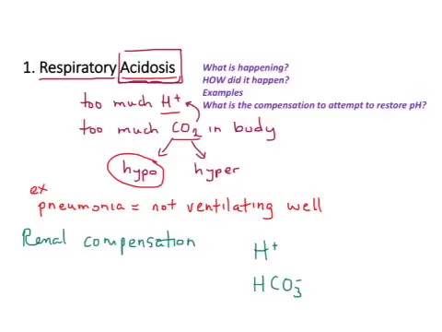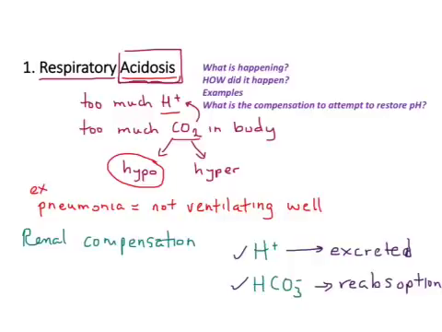We have too much free hydrogen as a result of a respiratory disturbance, which means this hydrogen in the kidney will be excreted. And the bicarbonate will be reabsorbed. Okay, so this is what we're doing to these two things to fix this problem.